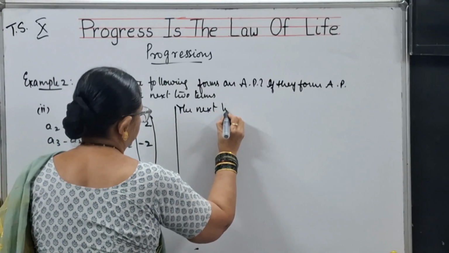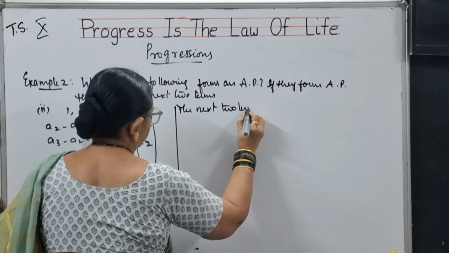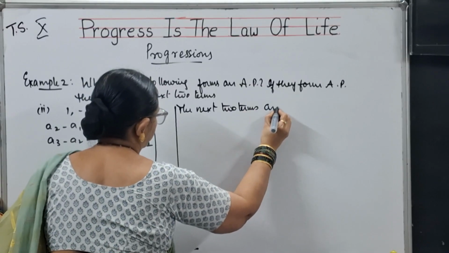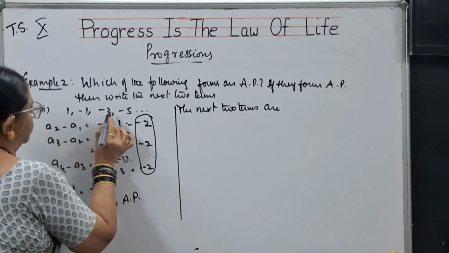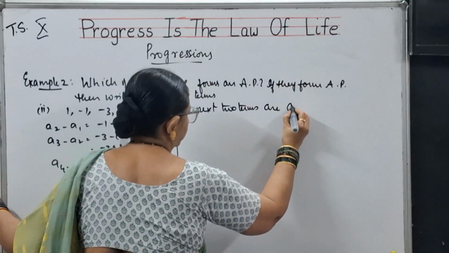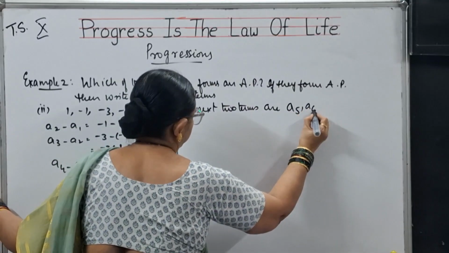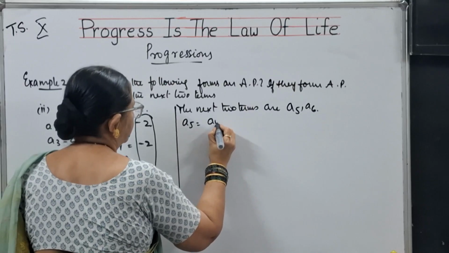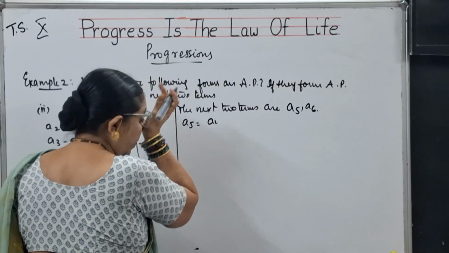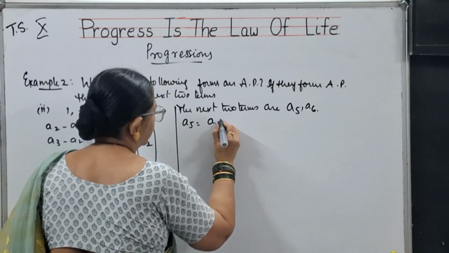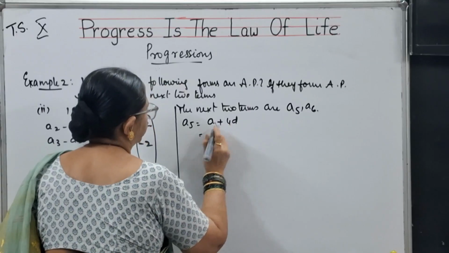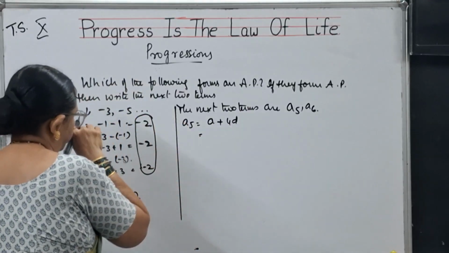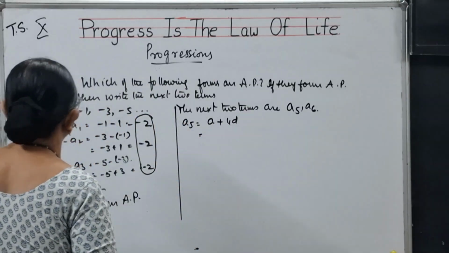Therefore, the next two terms are, what are the terms? See, 1, 2, 3, 4. That is A5, A6. So what is A5? A5 is A plus 4D. What is A?